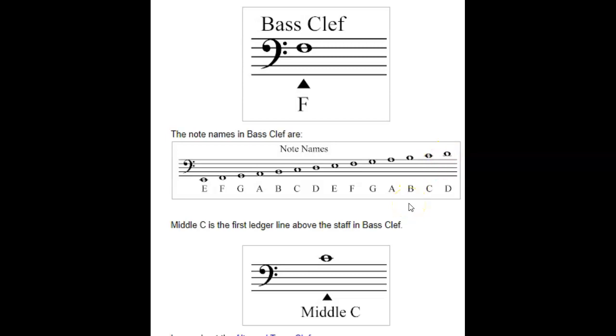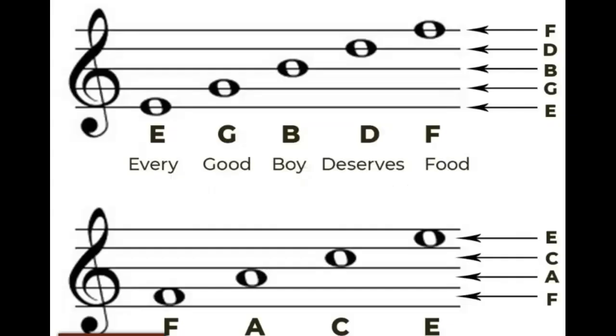So it's not that difficult, you must just go through your notes a lot. So this week you need to know the treble clef, every good boy deserves food, and that face will fit in with the spaces. This you have to know.